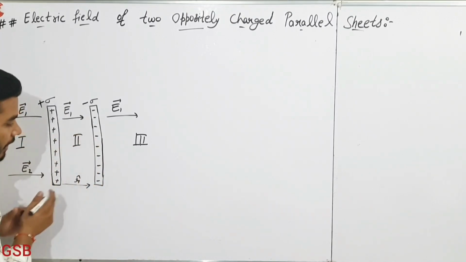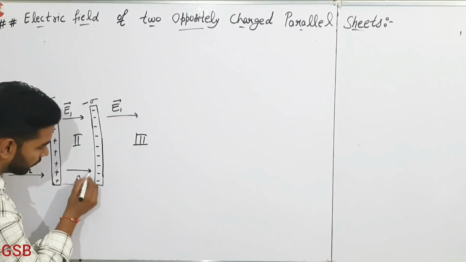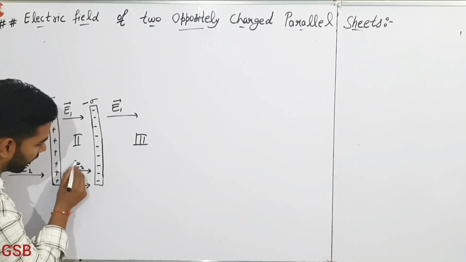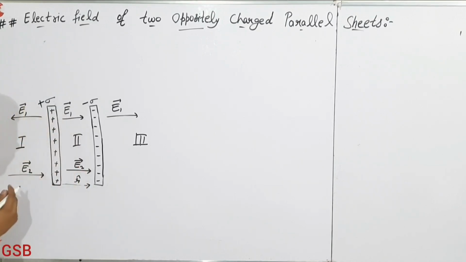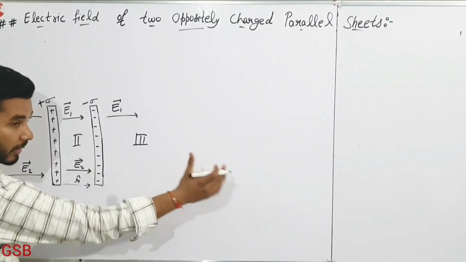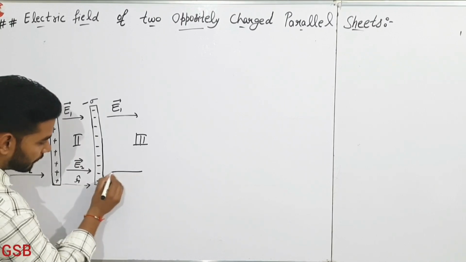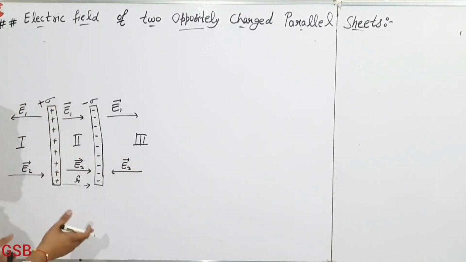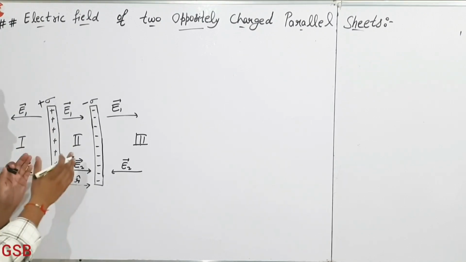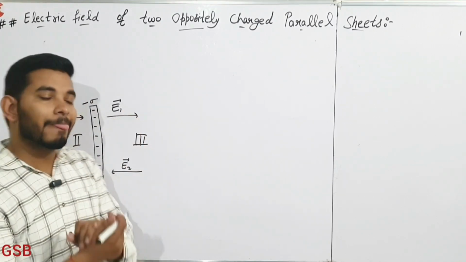In the second region, the electric field is also from left to right, represented by E2 vector. In region third, it will be from right to left, towards the sheet, E2 vector. So this is the notation of electric field lines for the two given parallel sheets.